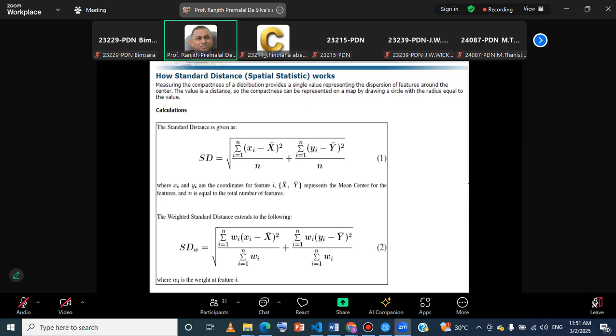Okay, if I give you a data set, can you calculate the standard distance, small data set?